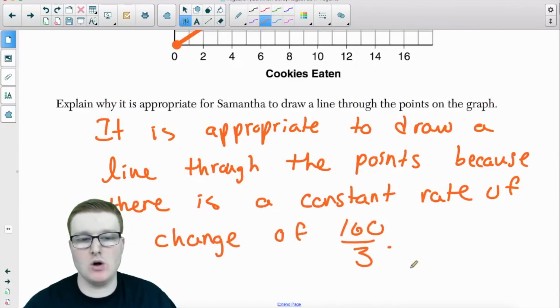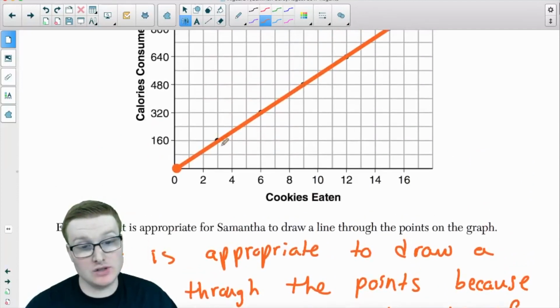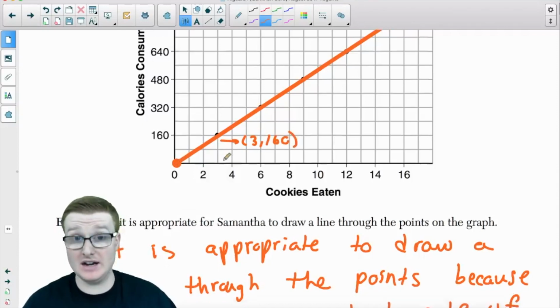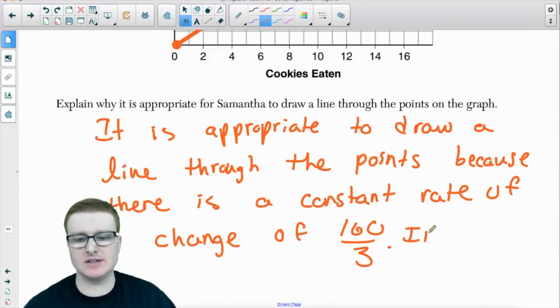Now, if you were wondering, whoa, how did you get that answer? Simply just take the rise over the run. I chose the point 3 comma 160, and I just subtracted it from the point 0 0. That is your slope.